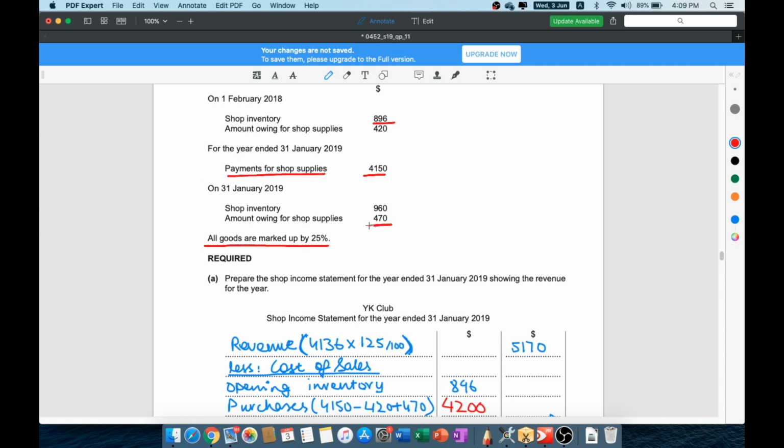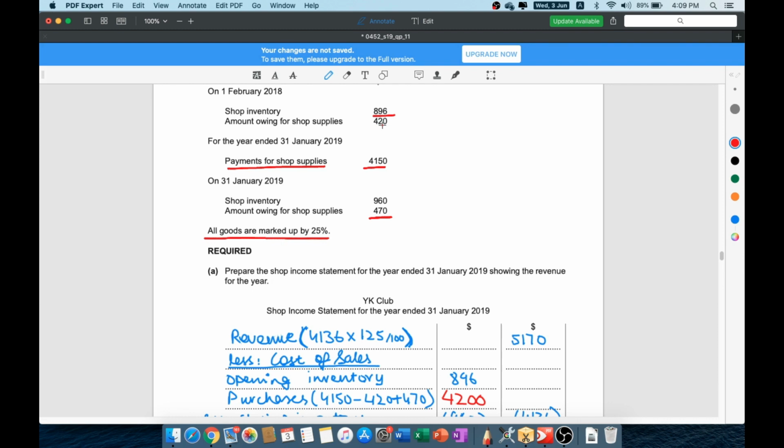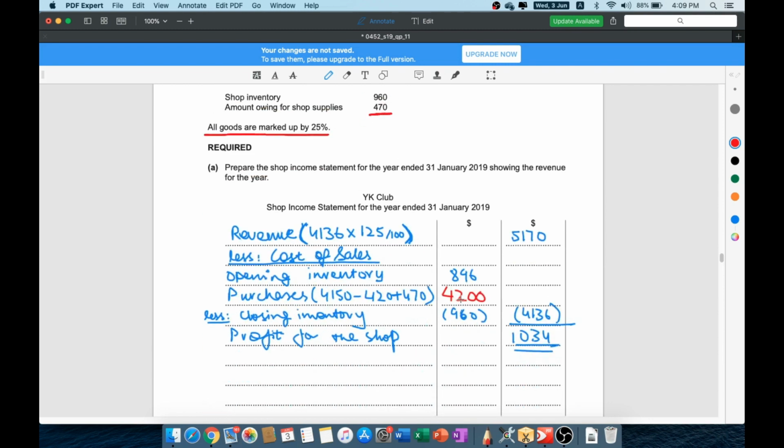So that is going to be accrued for this year. So we subtract 420 from 4150 because we paid that already, and we made new purchases of 470 this year, so we add that to the purchases of this year. So that is 4150 minus 420 plus 470. That gives you 4200, the income statement charge for the purchases.